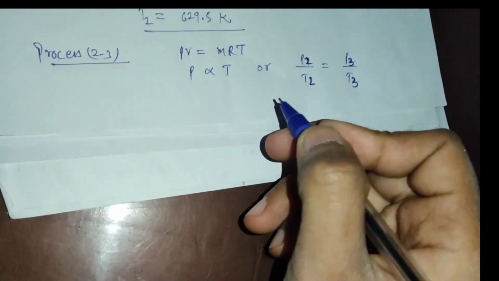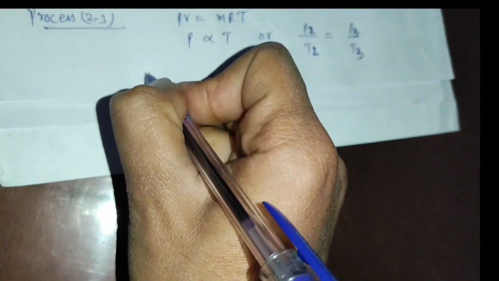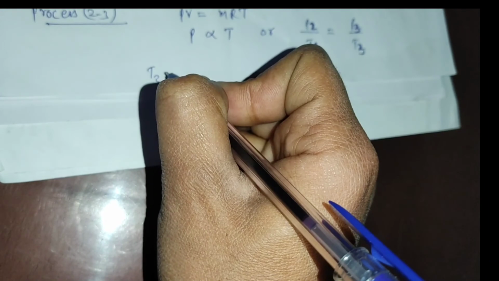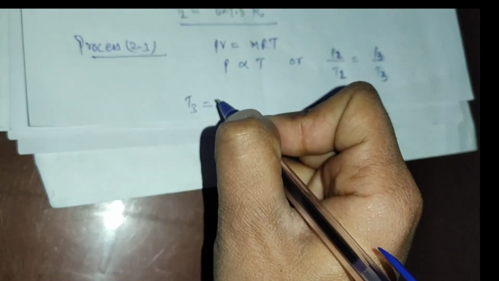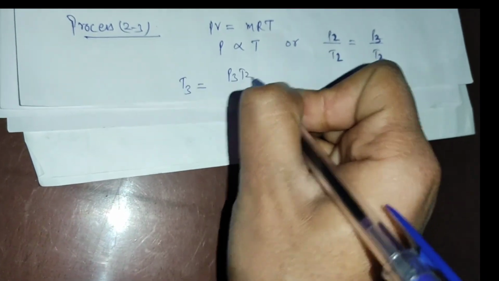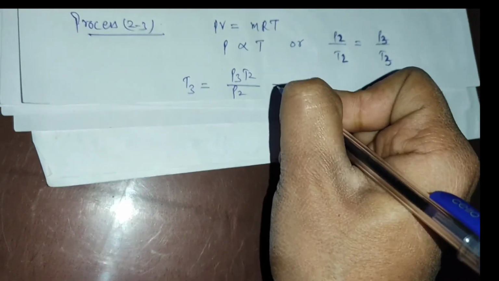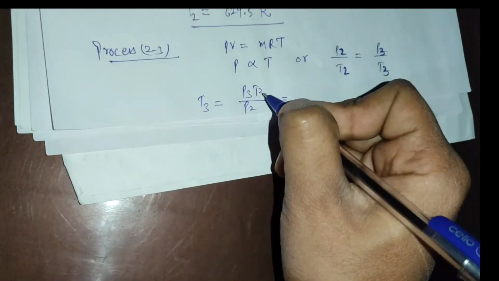So we have to calculate temperature T3. So T3 will be equal to P3 T2 upon P2. We have P2 and we have P3.